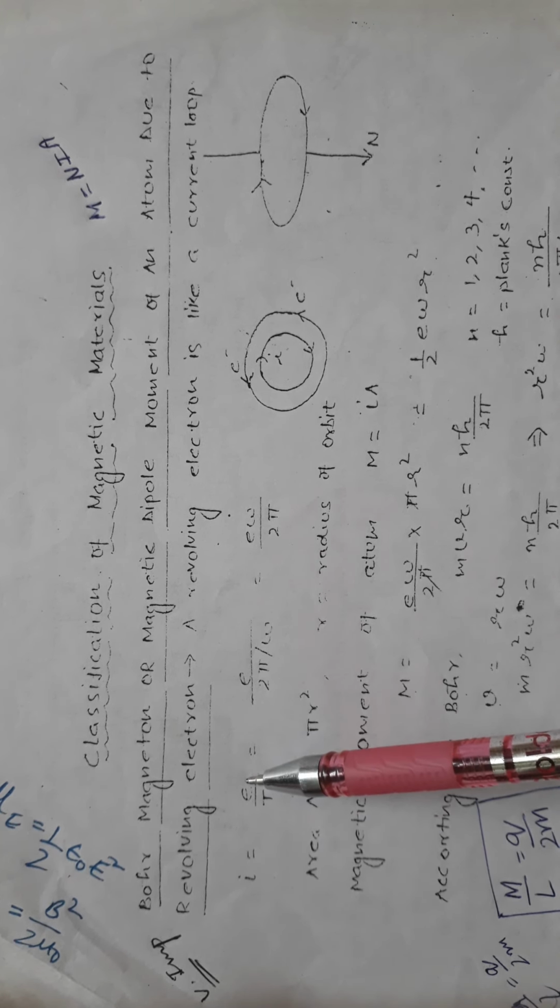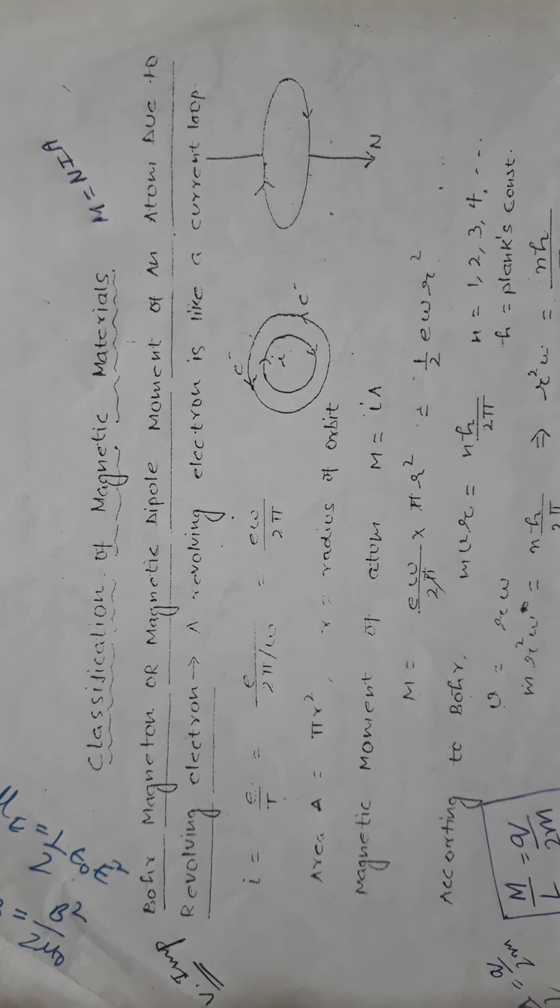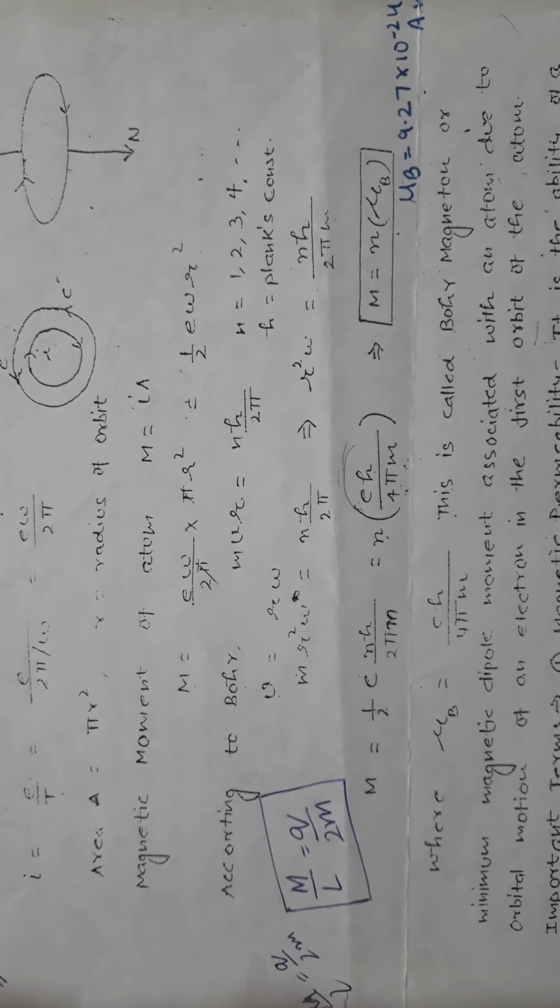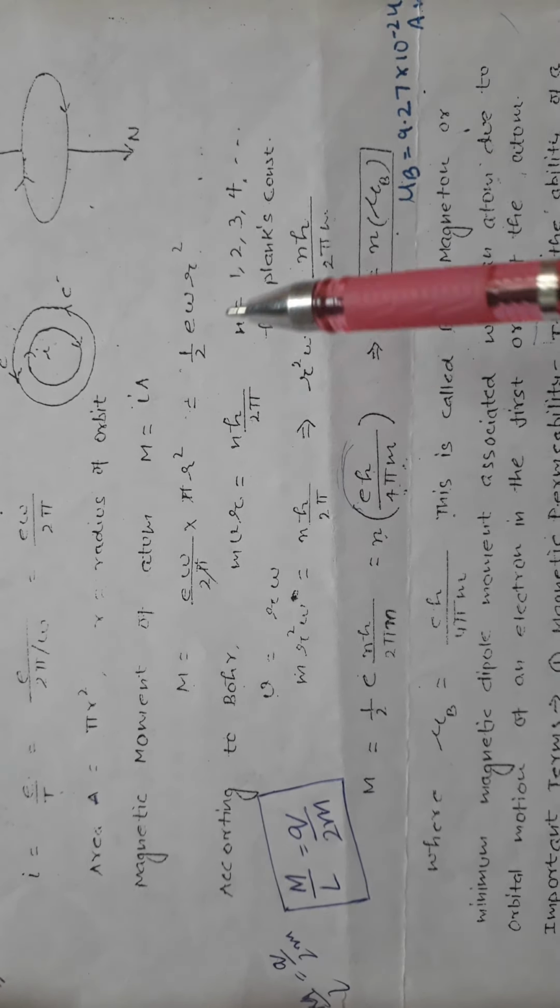If A is the area of the circular loop, this will be pi r squared, where r is the radius of the loop. Magnetic moment m is equal to IA. Putting the values of I and A, I is e omega upon 2 pi and the area is pi r squared, so m is half e omega r squared.